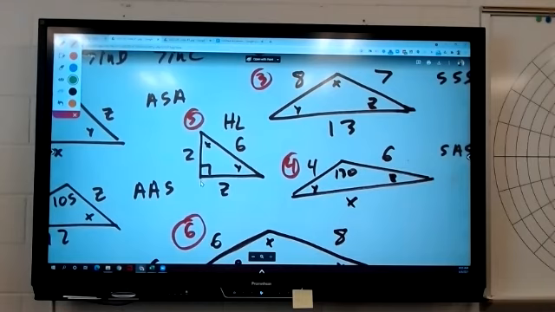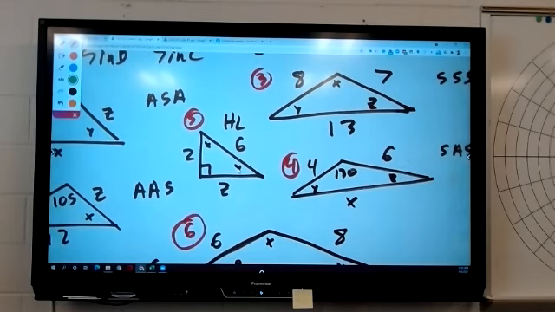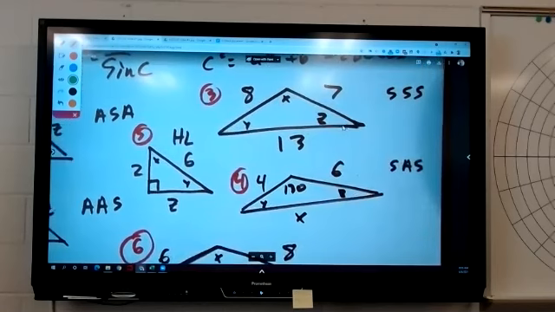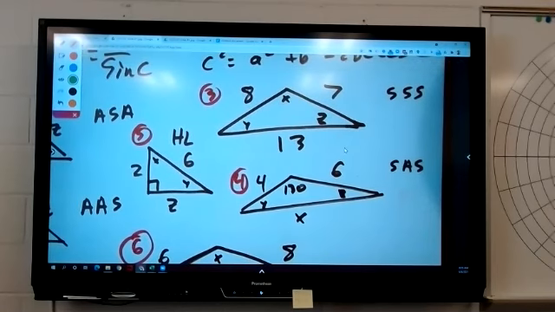Okay. Number 5. What would you do to attack number 5? Straight up sine to find that angle, huh? Because is it a right angle? Oh, could I just use Pythagorean theorem to find this side? All right, so we're going good there. What about number 3? Oh, we just did that. Because what don't you have? No angles, so what do I have to use?